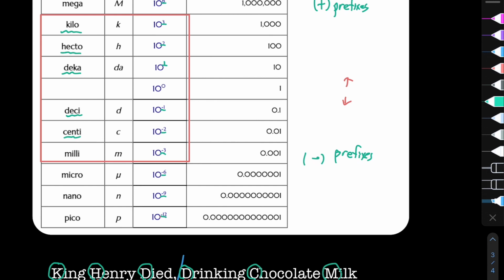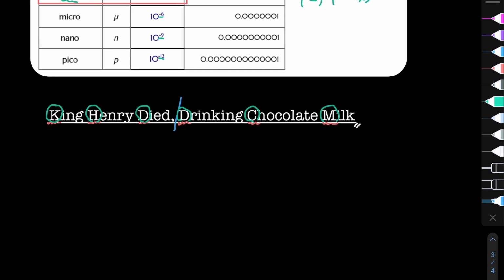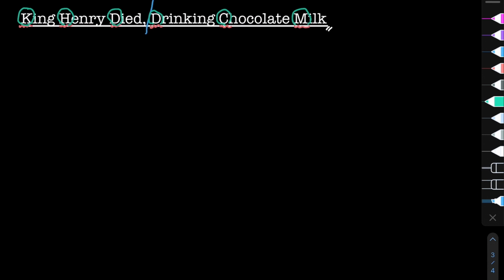So basically, if you just know this phrase of King Henry died drinking chocolate milk, you'll be able to remember that, oh yeah, first of all, K is kilo, 10 to the third power. H is hecto, 10 to the second power. D is deca, 10 to the first power.